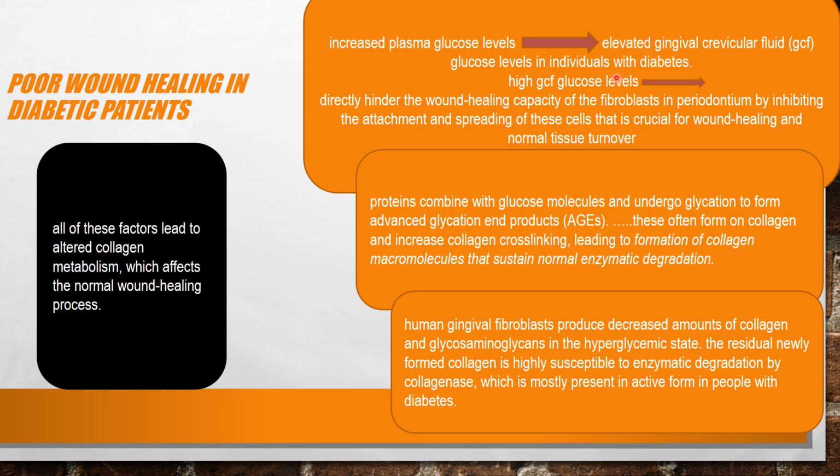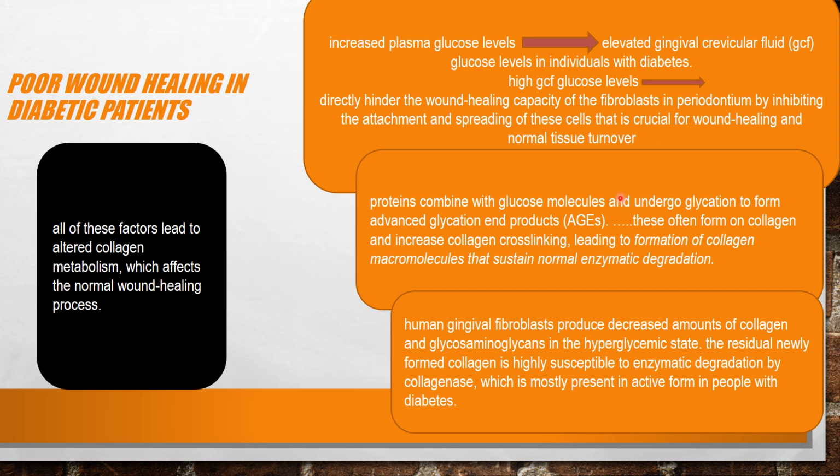This high glucose in GCF directly hinders the wound healing capacity of fibroblasts in the periodontium by inhibiting the attachment and spreading of these cells, which is crucial for wound healing and normal tissue turnover. So that is the first factor responsible for poor wound healing.